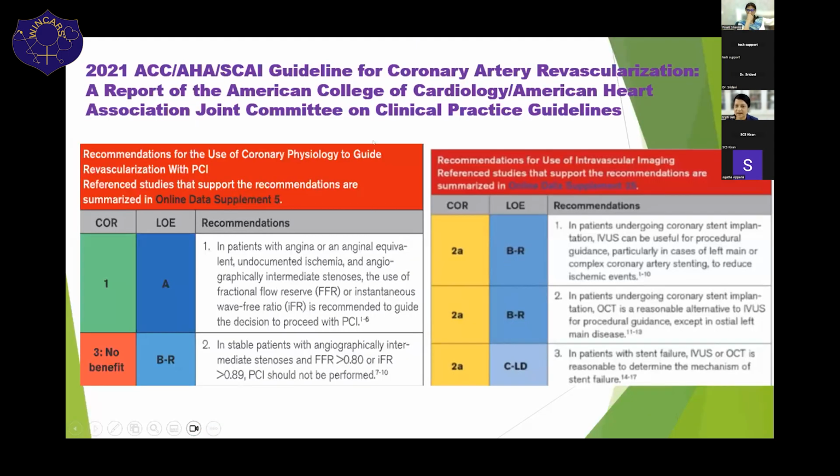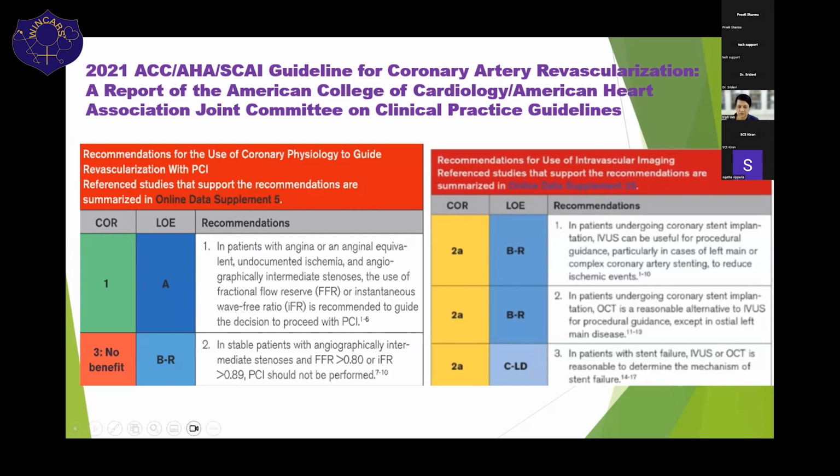As per the ACC/AHA 2021 guidelines, the recommendation for the use of coronary physiology has been given a 1A indication for intermediate lesions, for FFR and iFR, where the benefit of FFR is better than doing the cases without it.